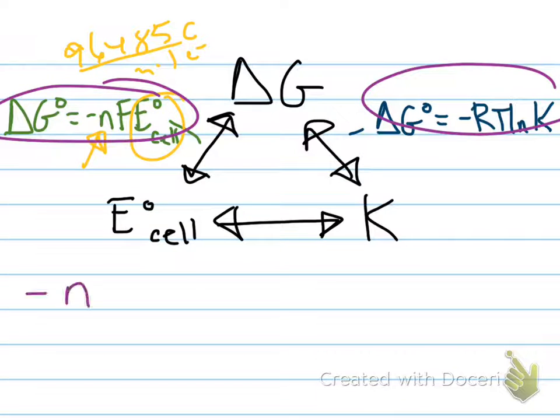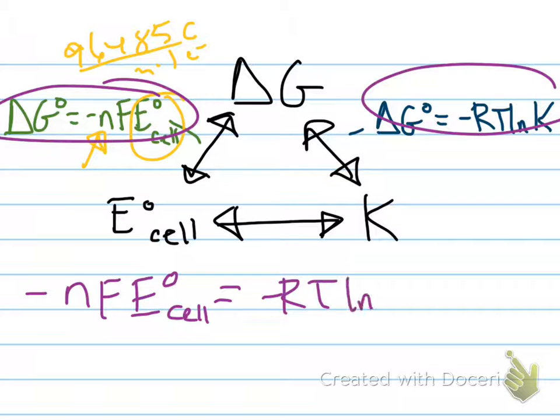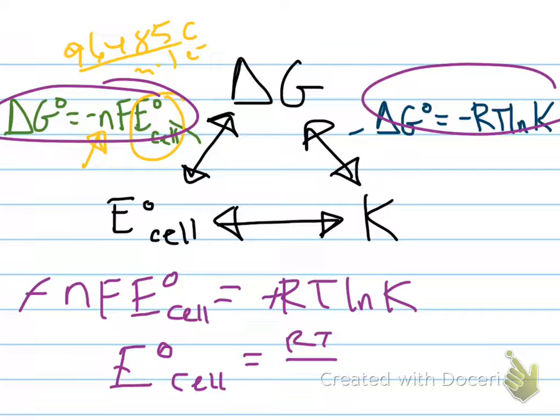So now we know that negative NF cell potential is going to be equal to negative RT ln K. When we solve for E cell, our cell potential in terms of equilibrium will now be RT over NF, all of these are constants, times ln K. Notice that the negatives go away. So this is the relationship, and this equation is given to you on the AP exam.